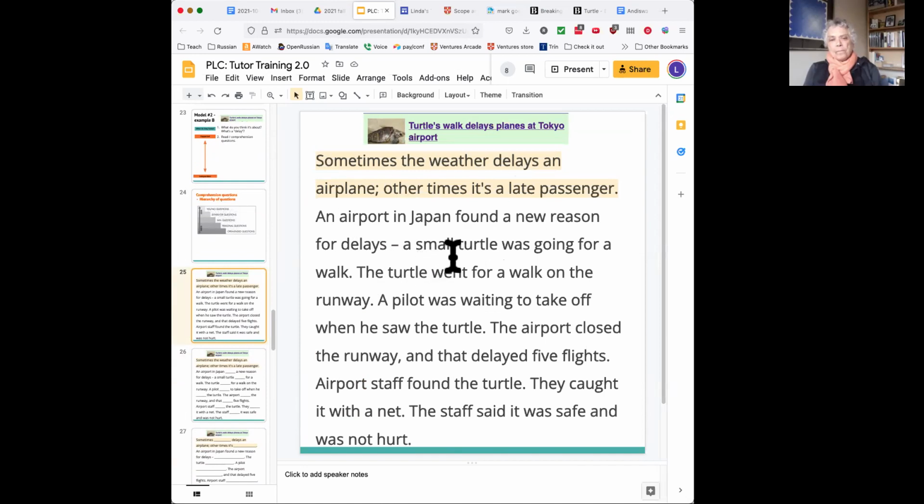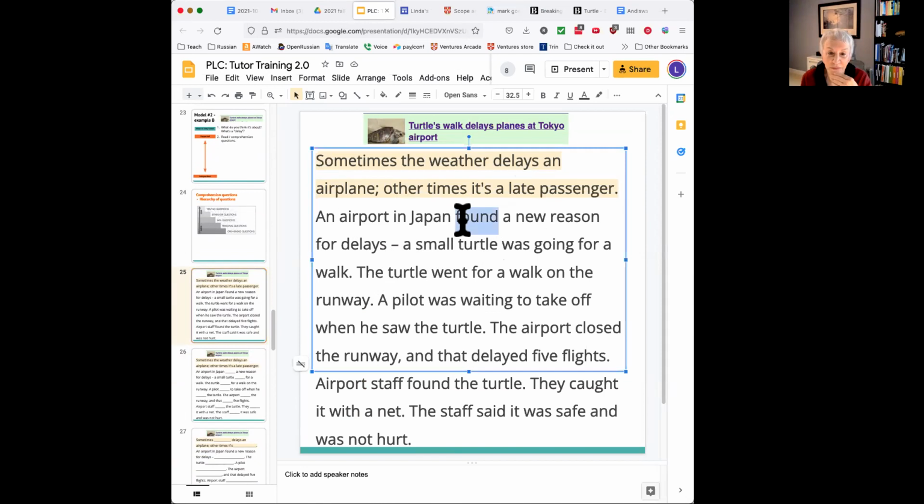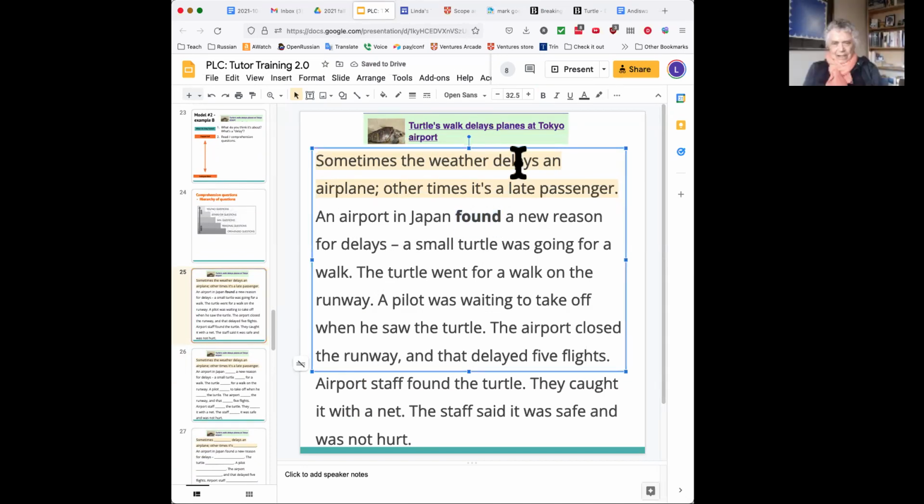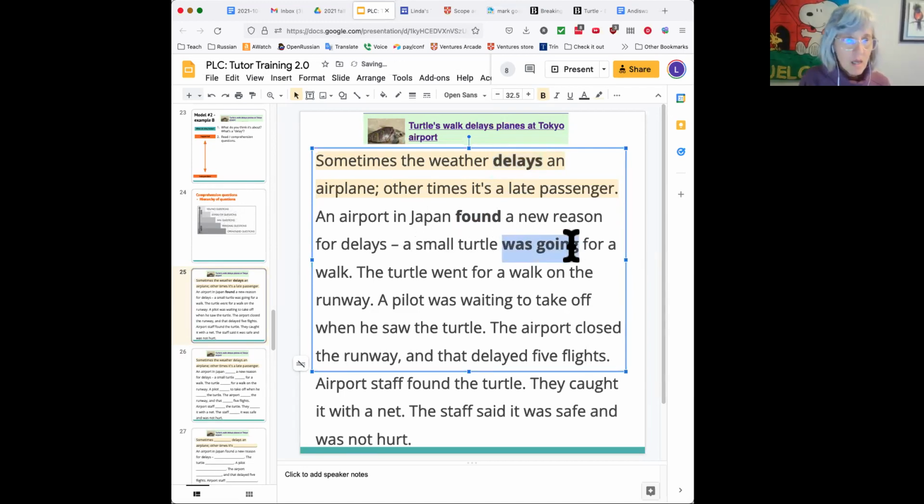So what verbs do you see? Found. Delayed. Was going. Went for. Was taking. Was going. Waiting to take off.